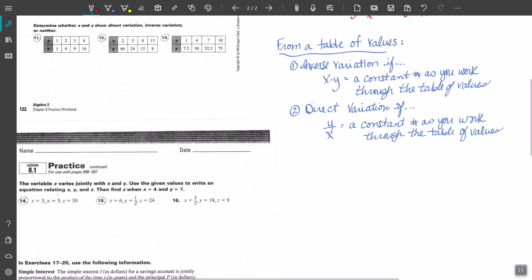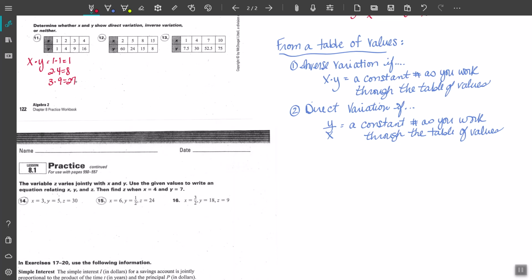The method is to go through the table of values, and to check for inverse variation, you take your x's and y's and multiply them together. On number 11, I'm starting with the first point: 1 times 1 equals 1, 2 times 4 equals 8, 3 times 9 equals 27.